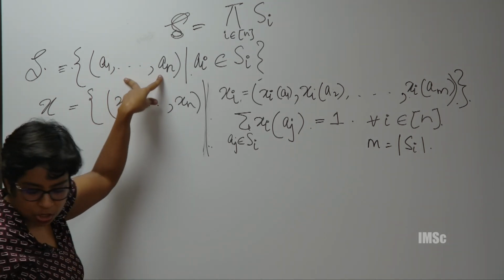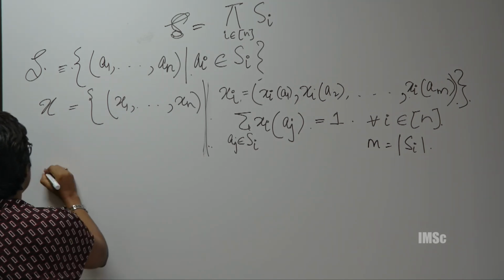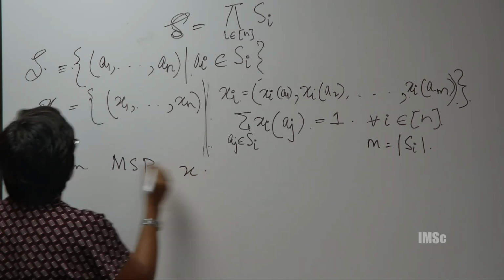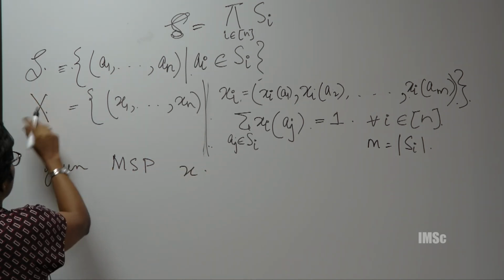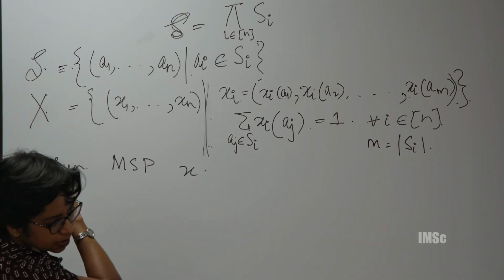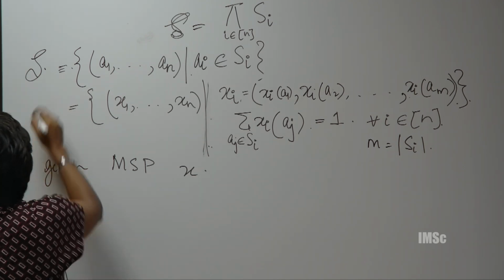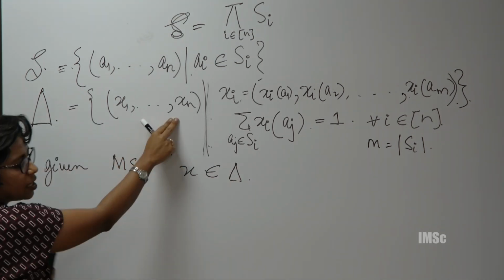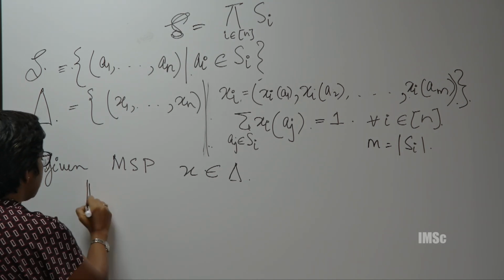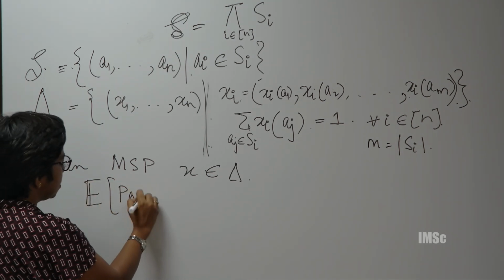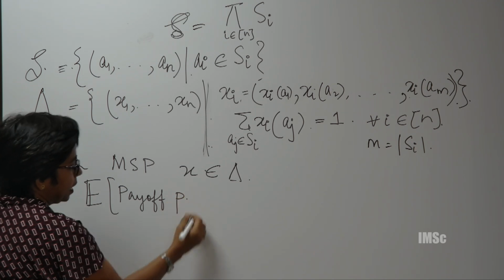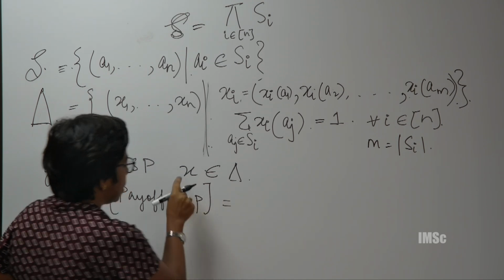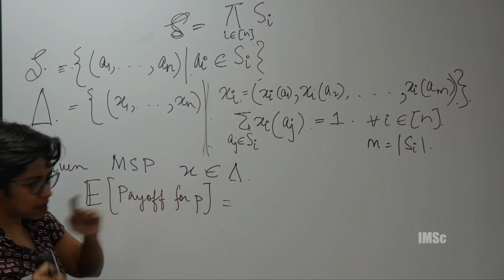Okay. So, now when I say given a mixed strategy profile x, let us call it, sorry, delta, x in delta, I know x looks like this. I want to compute the payoff for player P when all the players are employing this strategy.